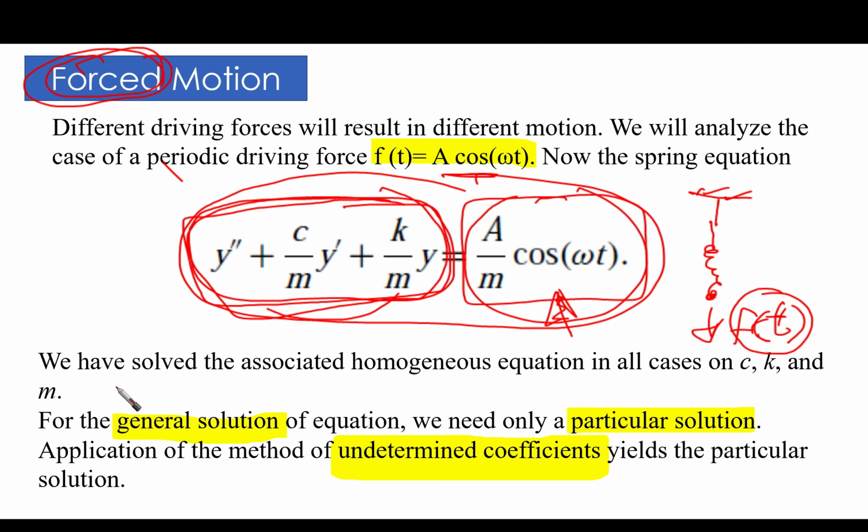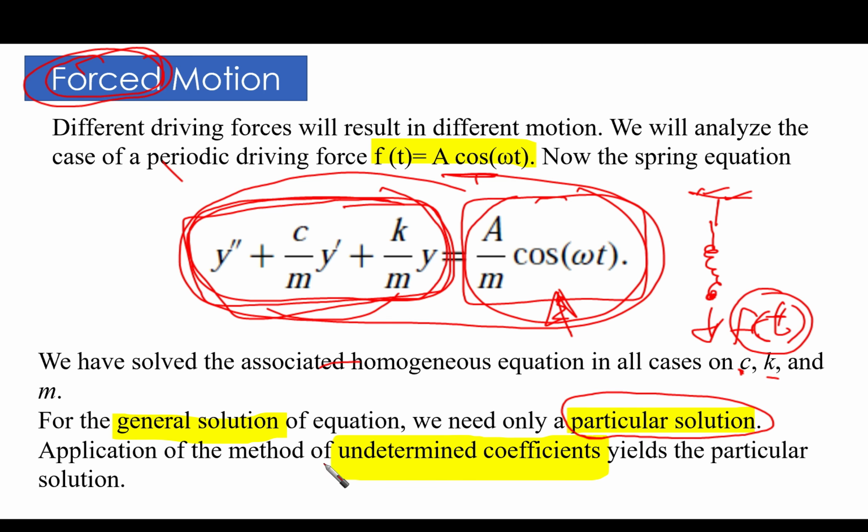We have solved the homogeneous equation in all cases of c, k, and m: larger than 0, less than 0, equal to 0. For the general solution, we need only a particular solution. This is our main problem now.